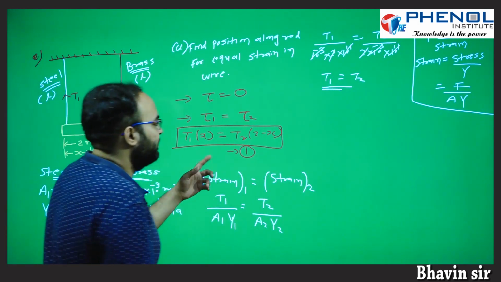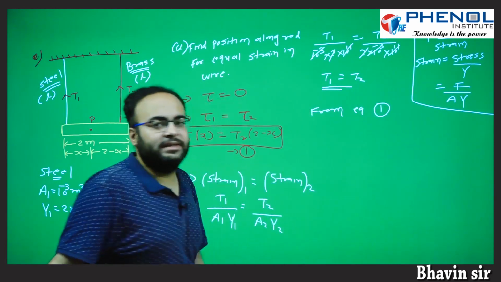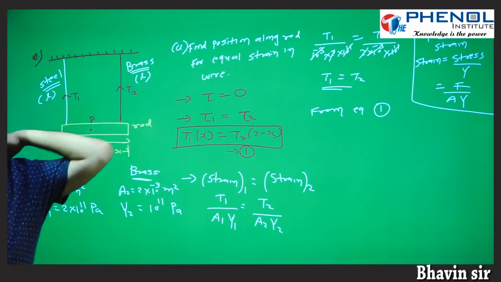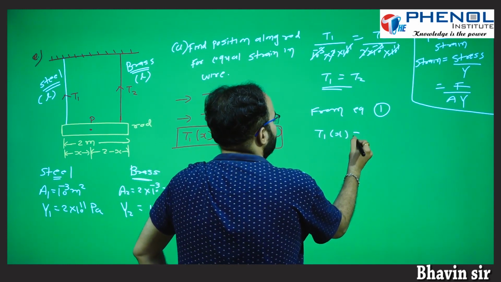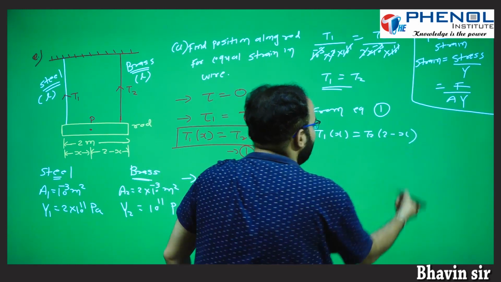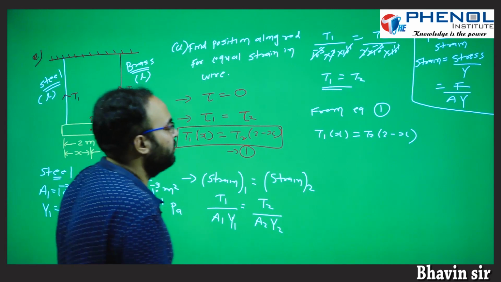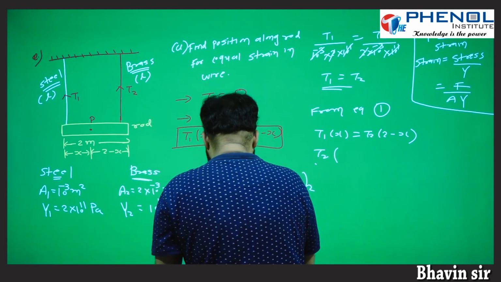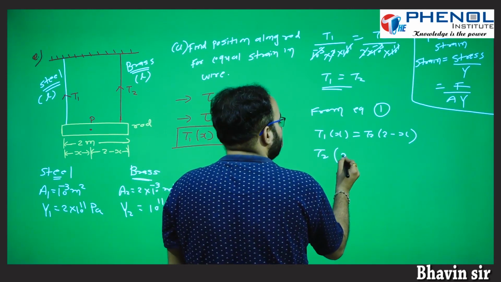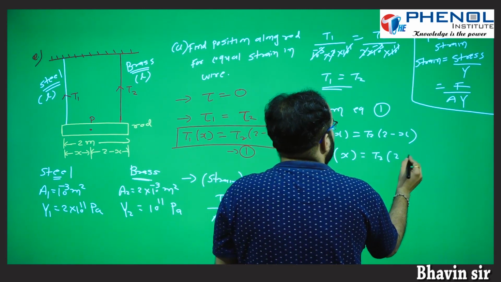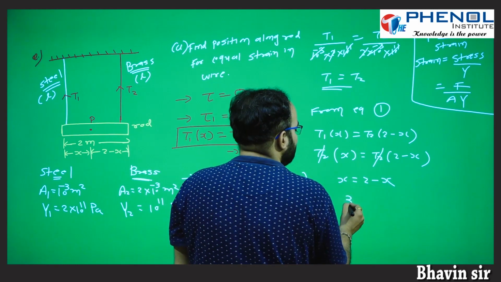Now placed in equation 1. So T1x is equal to T2 into 2 minus x. Now T1 and T2 both are the same, so here we write T2. T2 cancel, so x equal to 2 minus x.